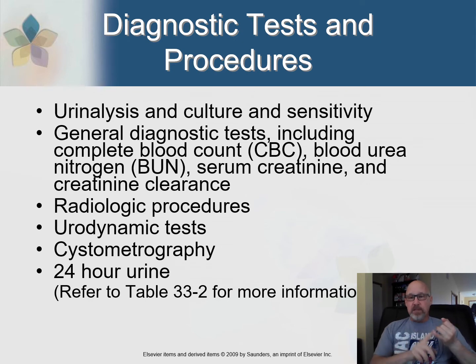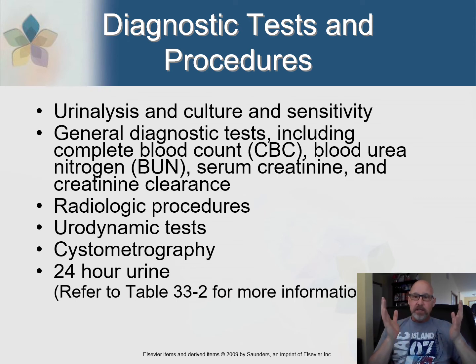All right, so CBCs are important, chemistries are important, because why? Well, the kidneys produce erythropoietin. Without that production, your bone marrow is not going to know to create red blood cells, so you might have a patient who's anemic. So that's why CBC is tied in. A chemistry, it's not listed here, but it's extremely important. Why?